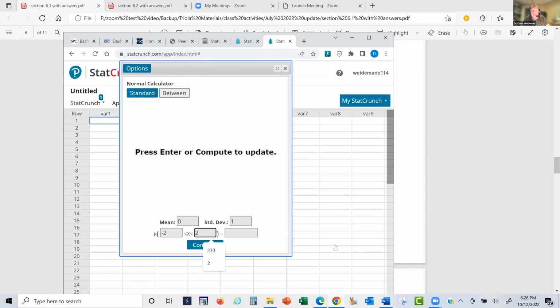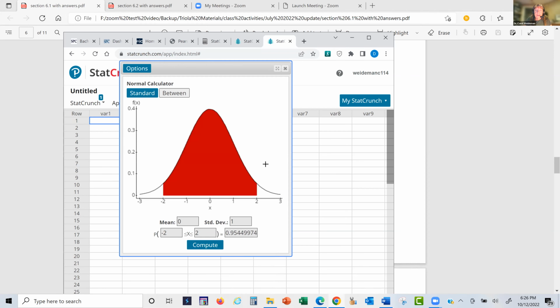Who remembers? Remember your empirical rule from way back in chapter 3? Anybody remember? Remember the 68, 95, 99.7% rule? It was approximately 95%. The actual percent is about 95.45%. So it's a little tiny bit more is within 2 standard deviations. So this is telling you the exact percent. The empirical rule was a nice approximation.